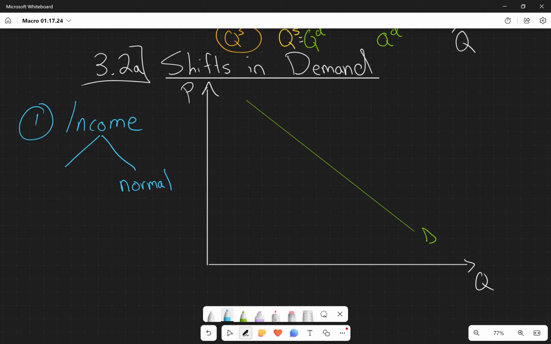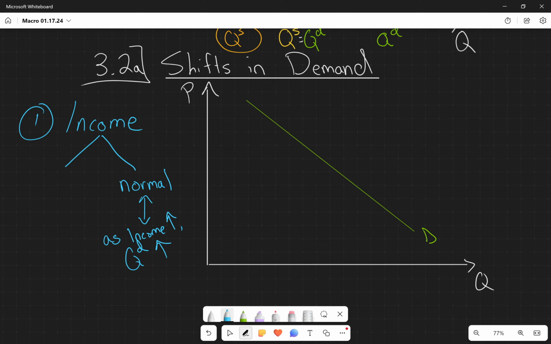So when we're talking about normal goods, the defining characteristic is that as our income increases, that's going to make the quantity that we demand for that particular good increase. So if our income increases, our quantity demanded is going to increase.